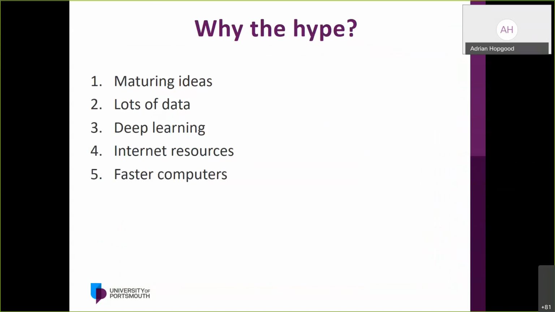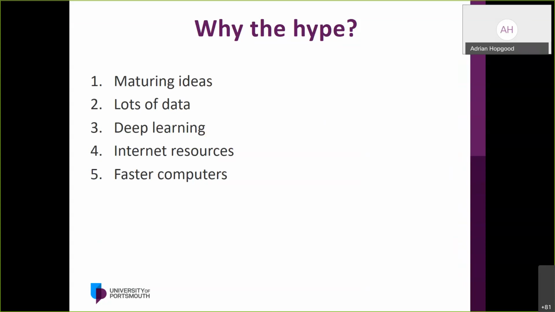So I mentioned that there's quite a lot of interest in AI at the moment. I might want to reflect on why that is, given that, as I said, we've been talking about AI since 1950 or arguably 1956. Well, I think part of the reason is maturing ideas. A lot of the ideas around AI have evolved slowly and become better with every iteration.